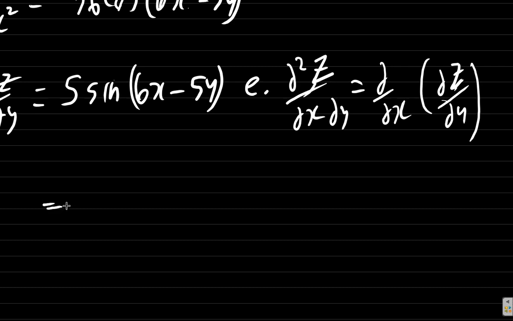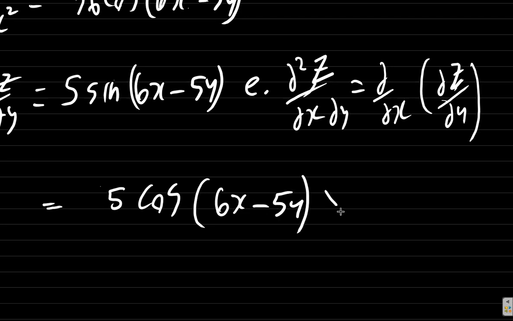So what we have, when you differentiate this with respect to x, you have 5 sine of something. When you differentiate the sine of something, you get the cos of that thing. So it's 5 cos of 6x minus 5y. Then you're going to multiply by, now remember, you're differentiating with respect to x. The inside function is 6x minus 5y.